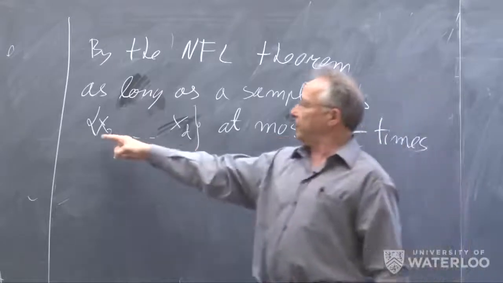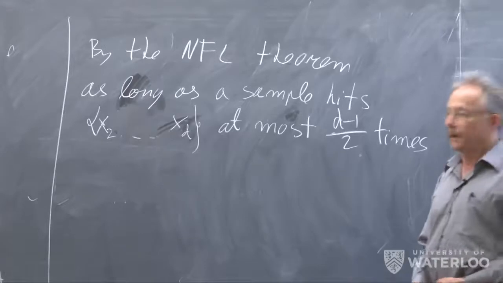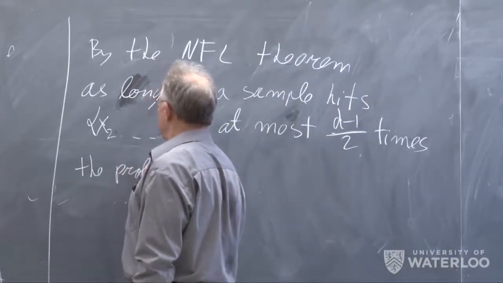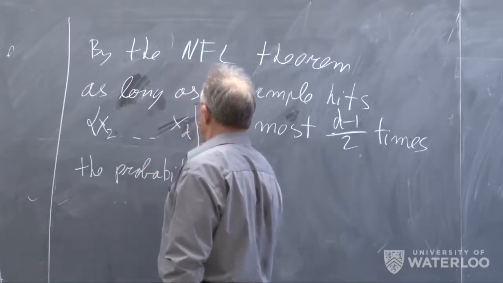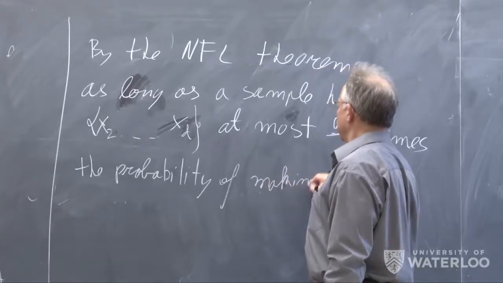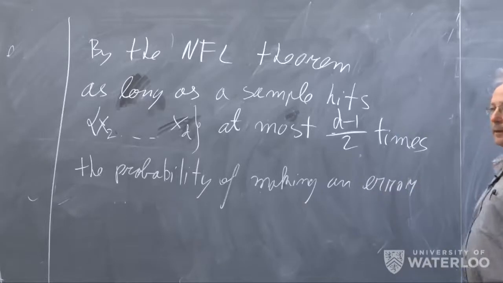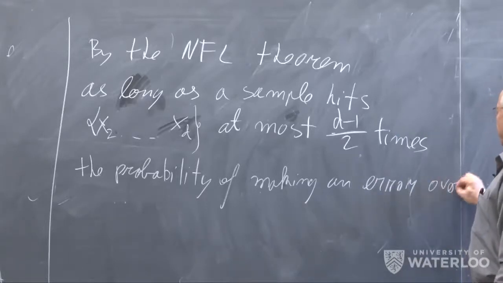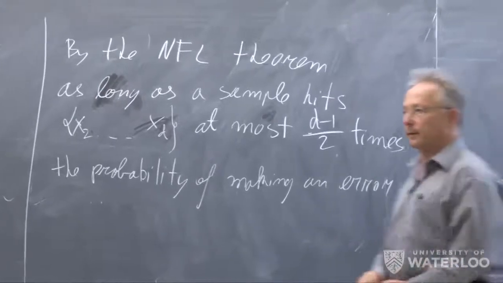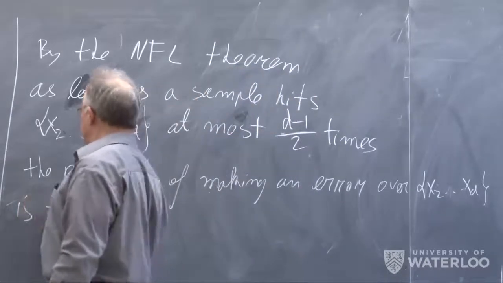As long as I hit only half the size of this set, the probability of making an error over this x2 up to xd, the expected error, is at least a quarter.